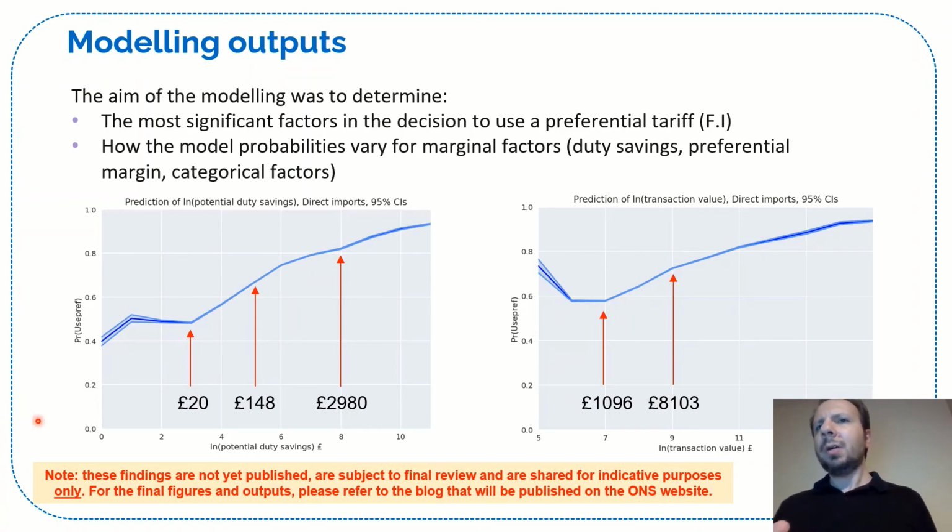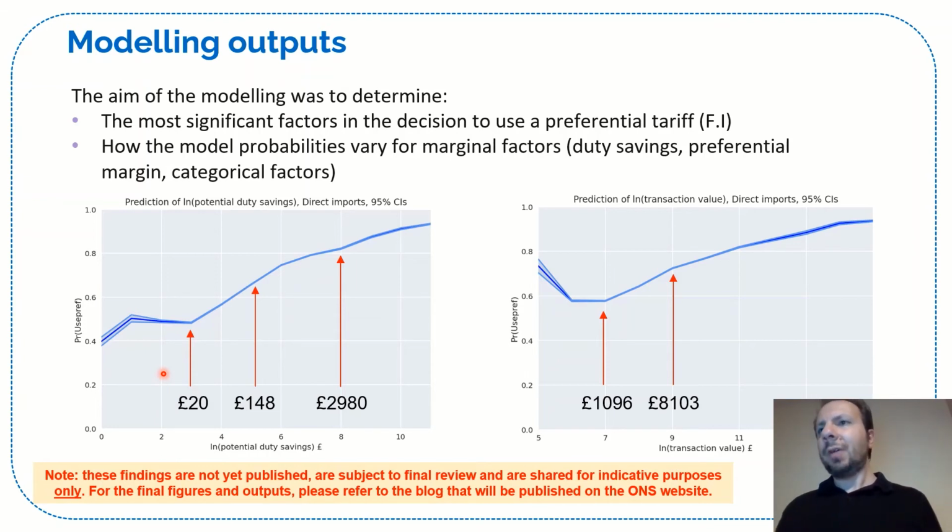And what we see here is probability plots. On the left side of the slide, we see the effect of potential duty savings on the utilization of preferential tariffs.